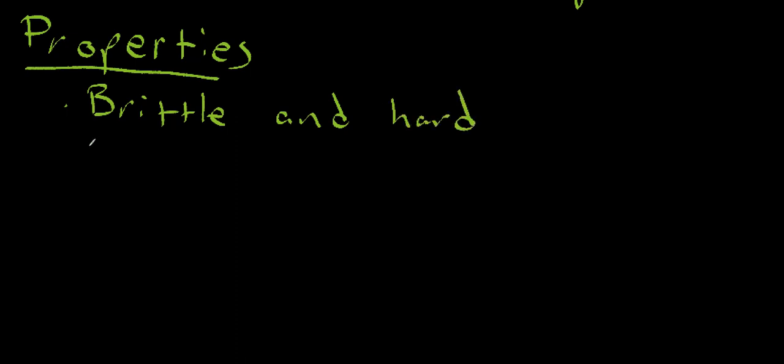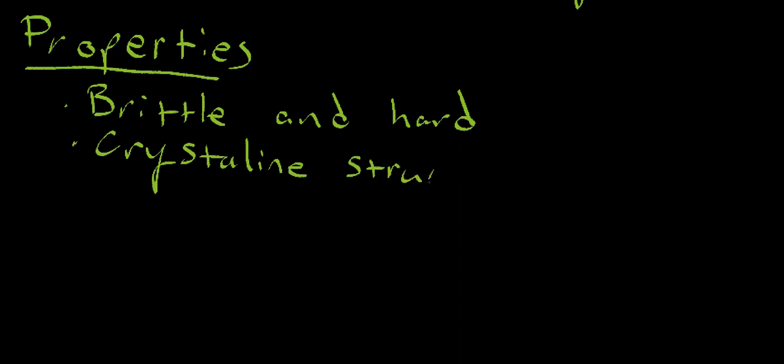And this comes from the fact that they form very crystalline structures. They're very well organized and neatly arranged. And when they pack in tightly in that kind of structure, it makes it more difficult for them to melt or eventually boil. So they have very high melting points and boiling points.